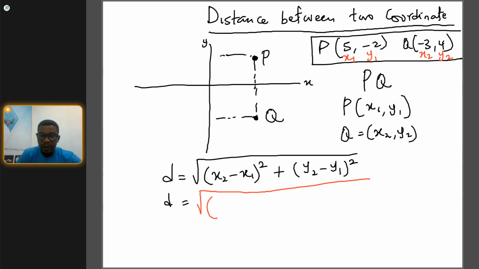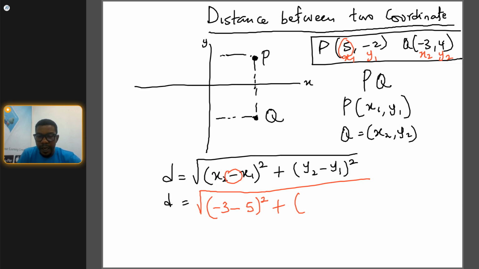In brackets, my x2 in this question is going to be what? Minus 3. Then x1 is 5. But we have a natural minus in the formula, so let's have the minus first. Then x1 is what? 5. So we have 5, we close the bracket, square, plus, open another bracket.